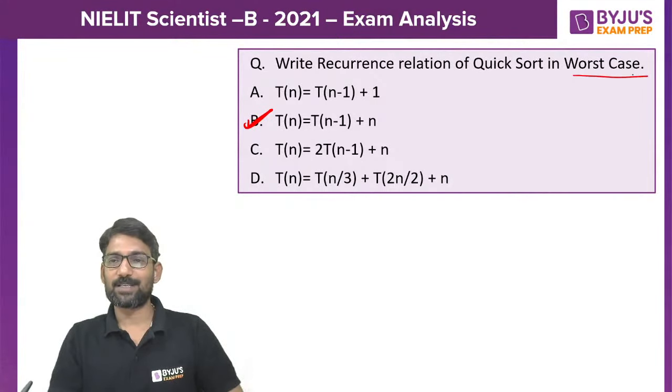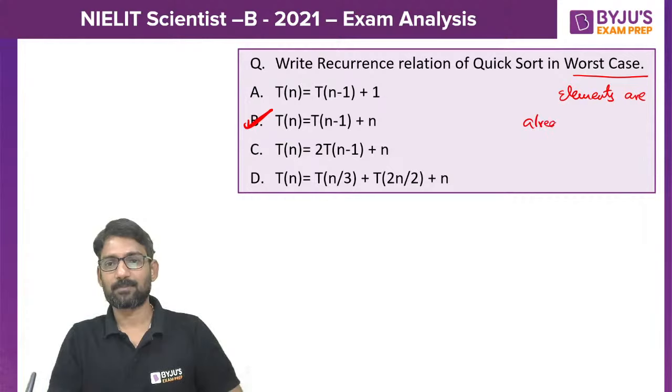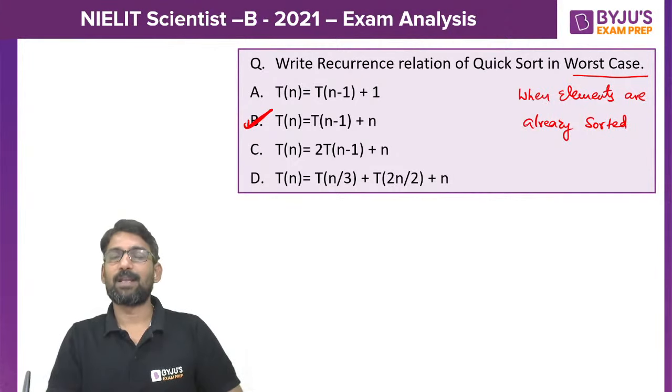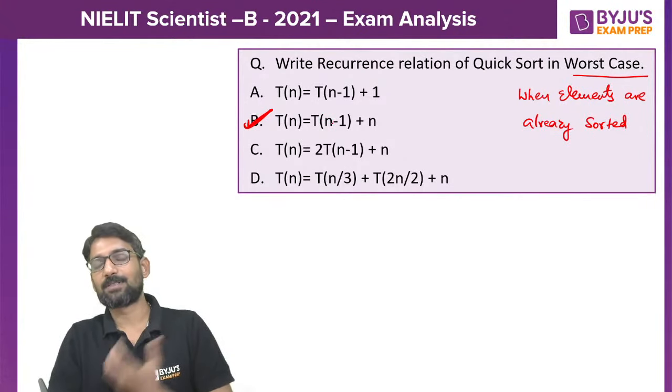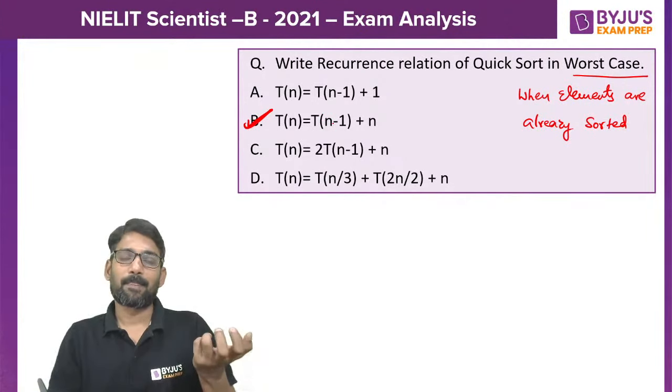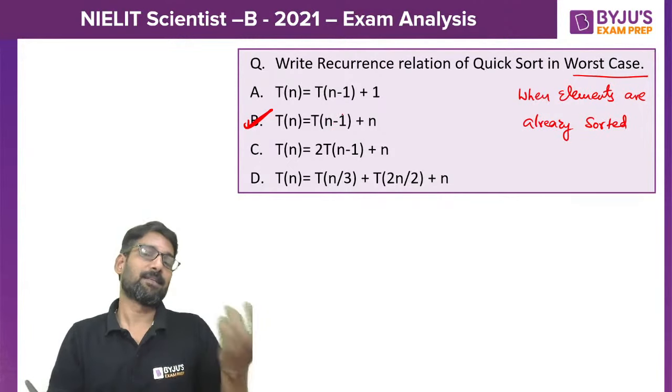What is the worst case for quicksort? When elements are already in sorted order, then it is called the worst case because the pivot will certainly be in the same position.